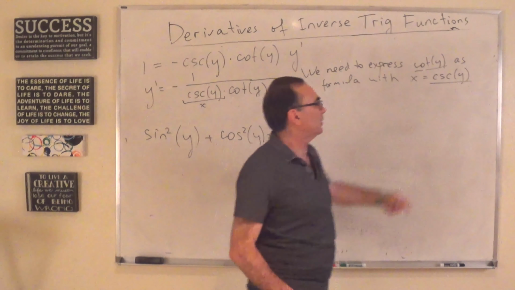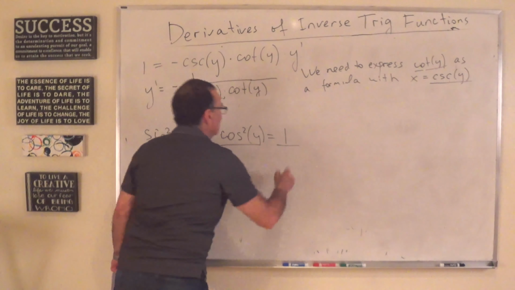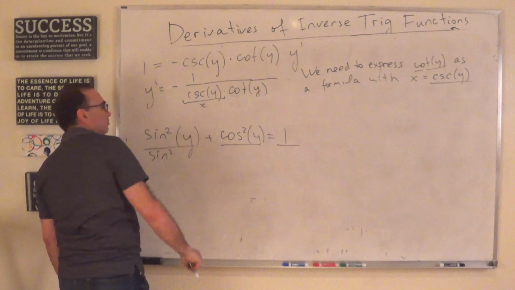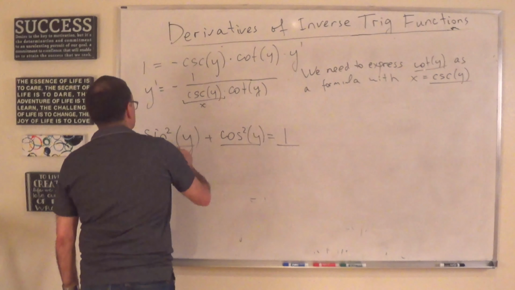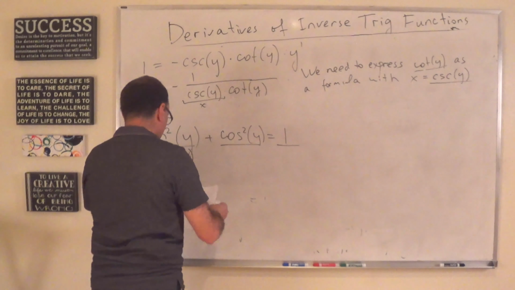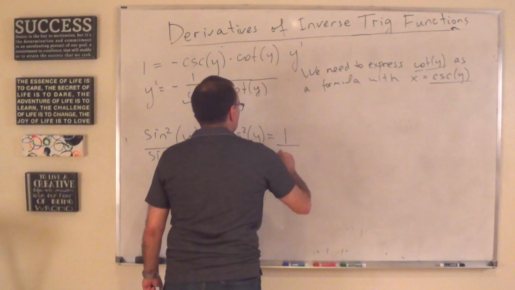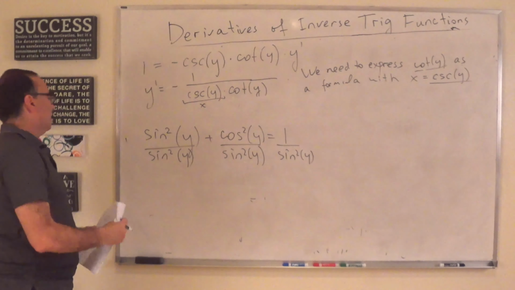Cosecant is 1 divided by sine. So we need to divide all parts of this formula by sine squared of y. And so what do we have?